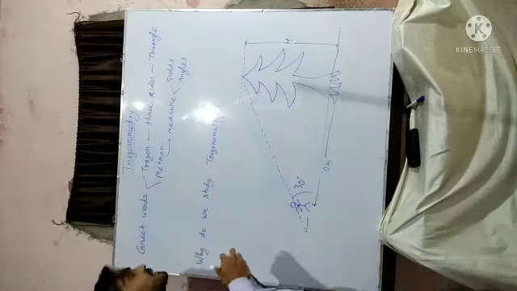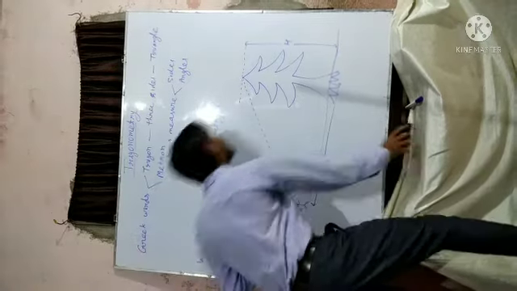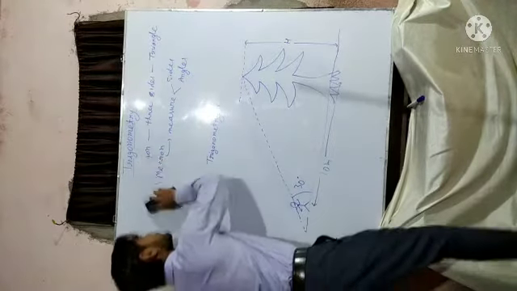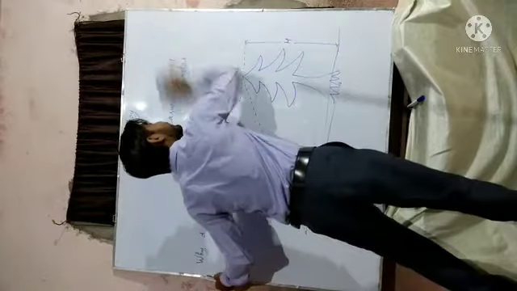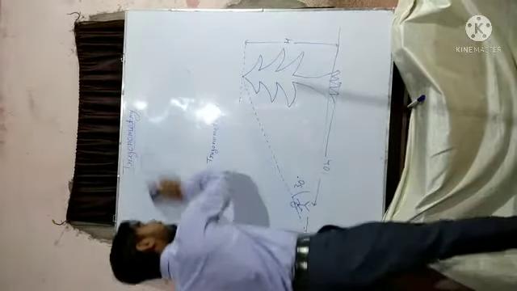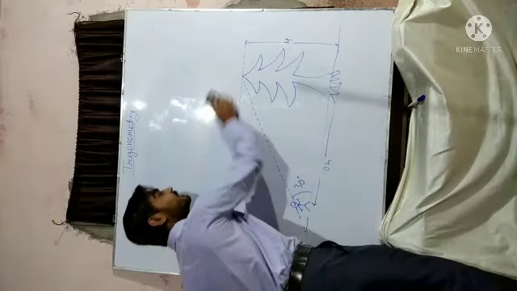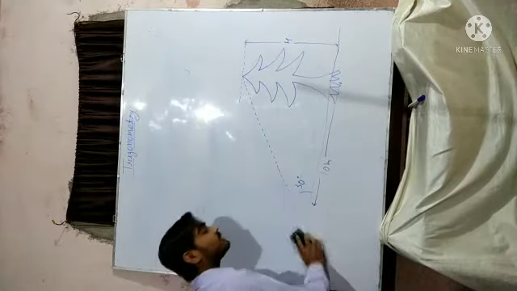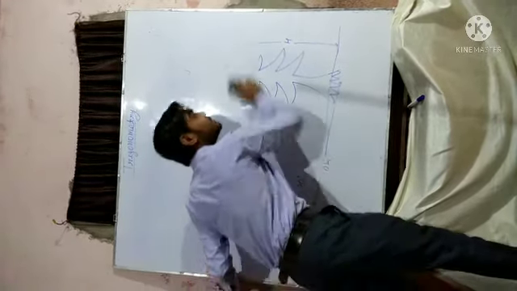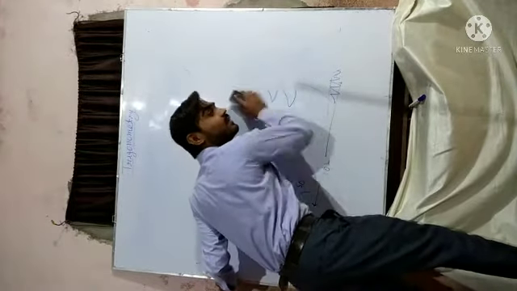So now let us discuss the right angle triangle. A triangle in which one of its interior angles is 90 degrees is known as a right angle triangle. So what is a right angle?